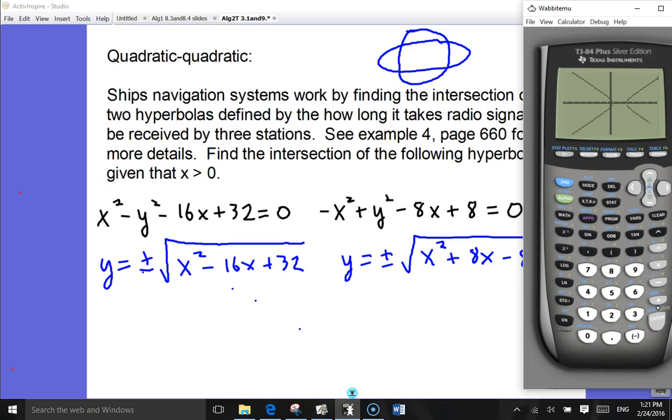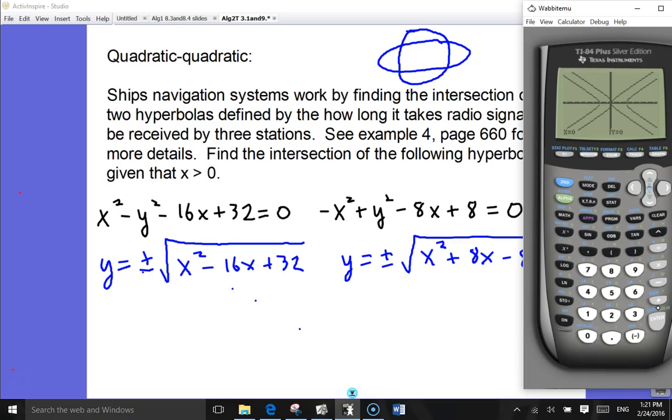So this is all the first hyperbola. Now this is all the second hyperbola. We've done hyperbolas before, right? Hyperbolas are the graph of an inverse variation. Remember the graph of an inverse variation? It looks like that. That's a hyperbola.